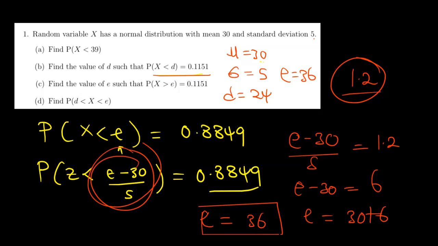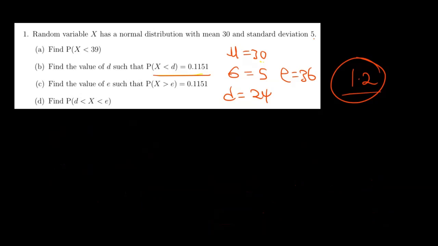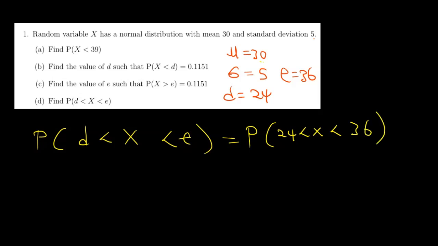Okay, so now we are ready to find the last question here. The last question, they're saying find the probability that d is less than x less than e. Okay, so now we know the values of d and e, so this will be the probability of 24 less than x, which is less than 36. So we need to standardize this.